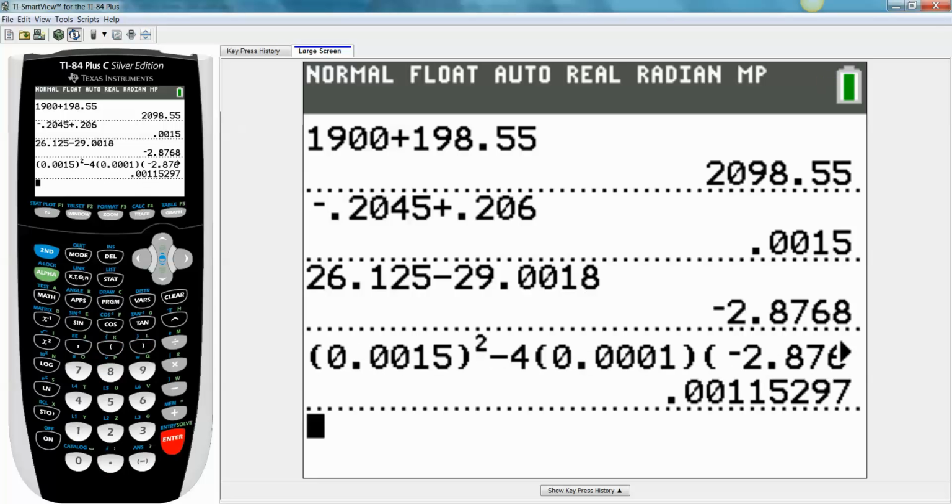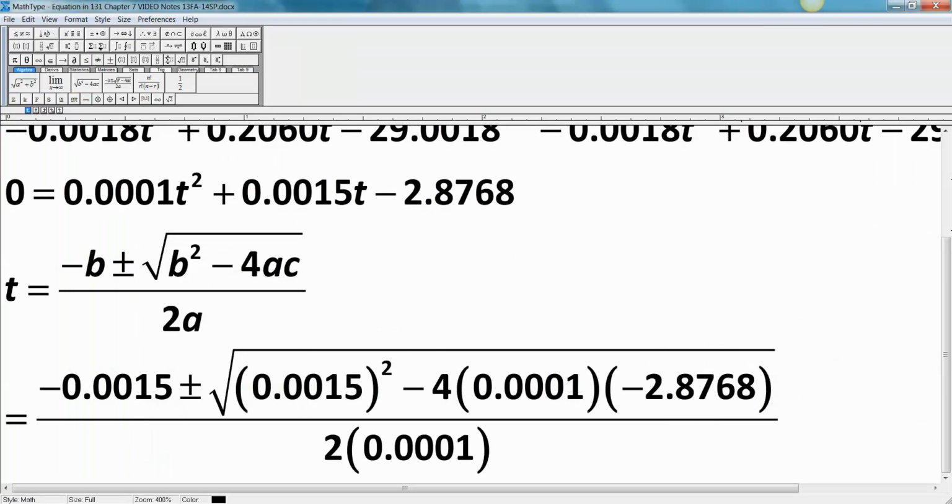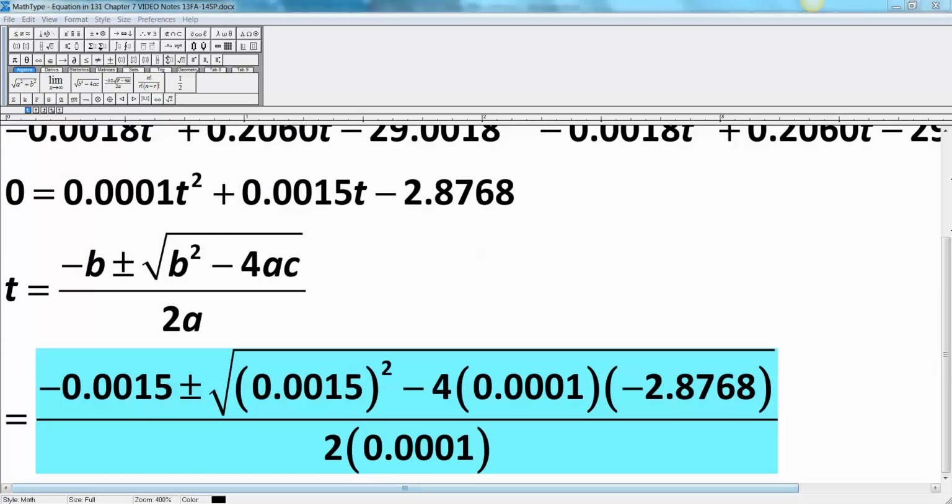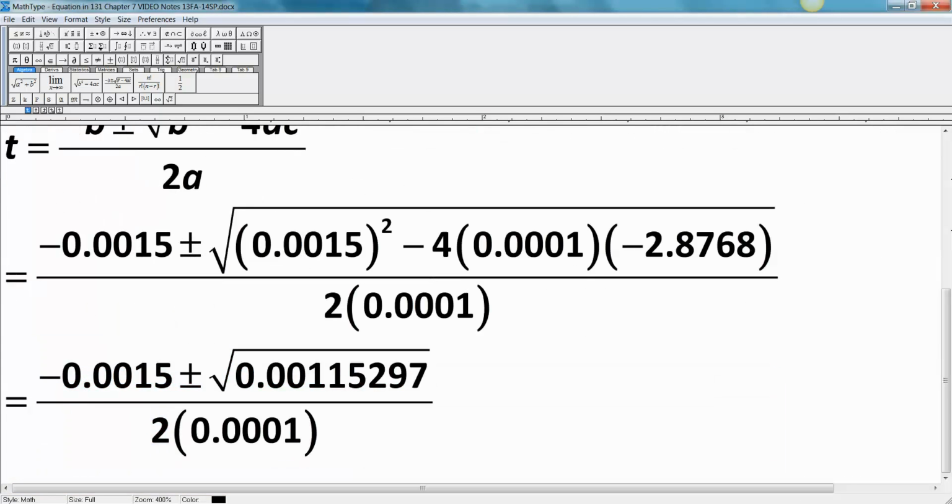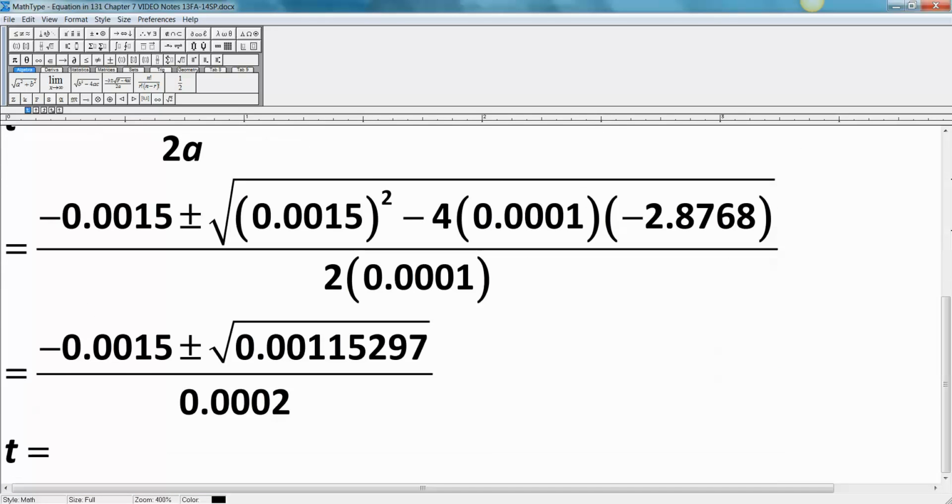All right, so all of that goes under the square root. And then the denominator is just going to be 0.0002. All right, so this is two answers. I'm going to have to find them both. T is the negative one of this and the positive one of this. So let me go type those into a calculator.